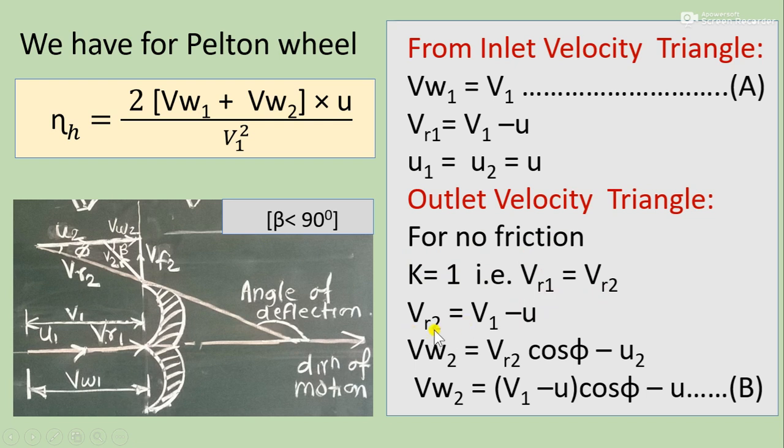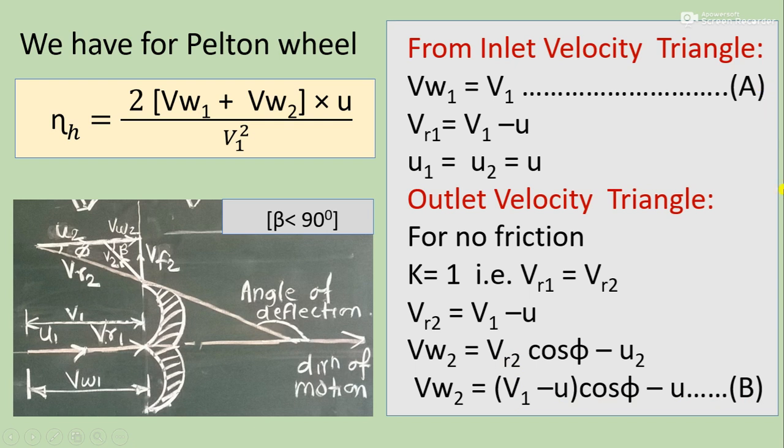So VR2 is equal to V1 minus U. So substitute this in the equation of VW2, which is taken from the outlet velocity triangle. So we get VW2 is equal to, at the place of VR2, that is V1 minus U cos phi minus U. This is equation B.